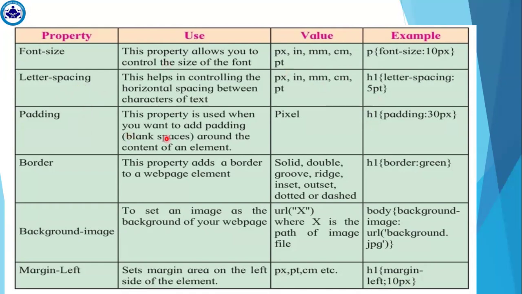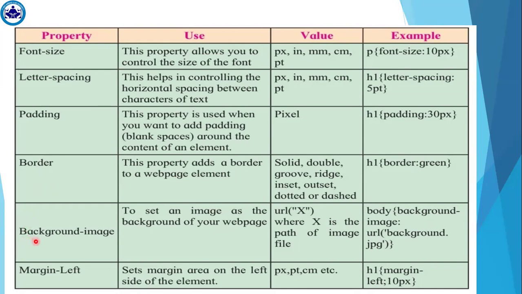If we want blank spaces around the text, then we can use the property padding. If we want to add a border to any element like an image, heading, hypertext, any element, we can use the border attribute.